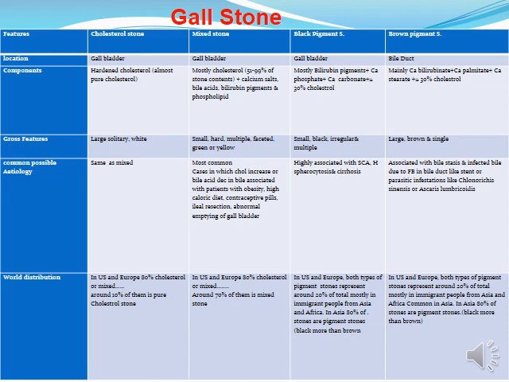The same applies to brown pigment stone in US and Europe: both types represent around 20% of total, mostly in immigrants from Asia and Africa, and common in Asia, where 80% of stones are pigment stone, black more than brown.